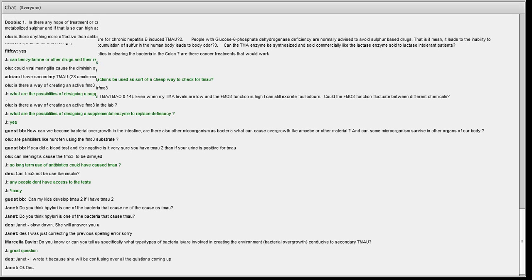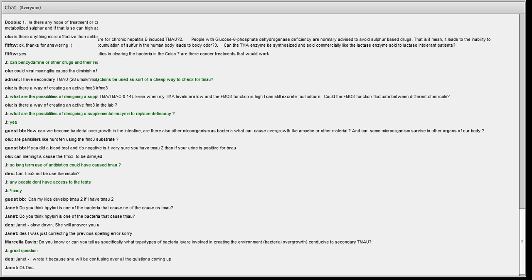Okay, the next question is from Olu again. Is there a way of creating an active FMO3 in the lab? Yes. When we check to see if a change changes the activity, we create the change on the DNA, but you can go in the reverse way and change it back into the normal thing and create it active.